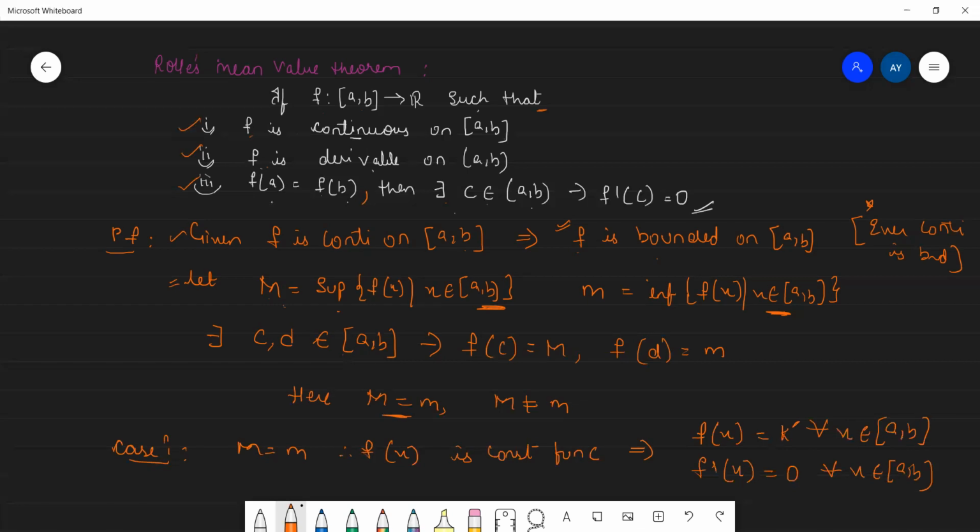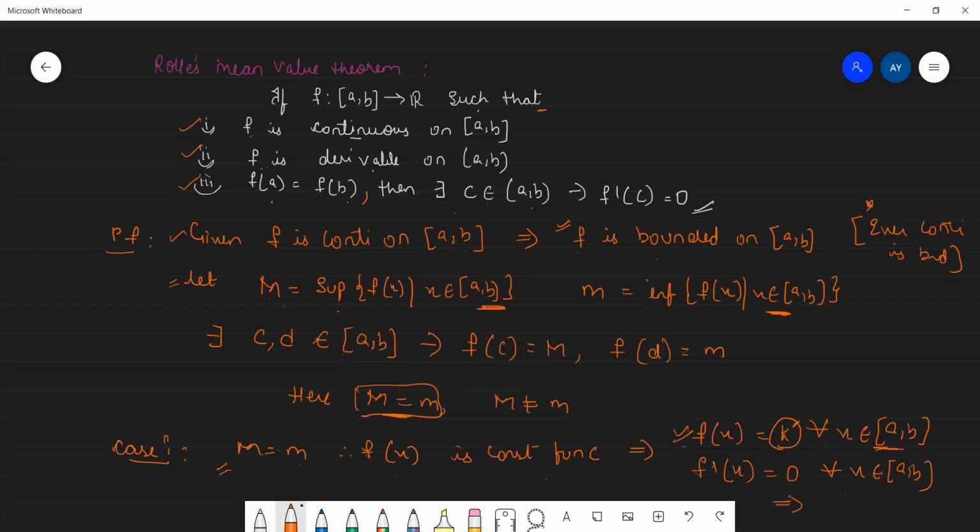So what is it that we took? We took M equals m. This is the case 1 we took. If M equals m, f(x) will be the constant function. And if f(x) equals k for all x belonging to [a, b], where k is a constant, what will be its derivative? A constant's derivative is obviously 0. So f'(x) equals 0 for all x belonging to (a, b).